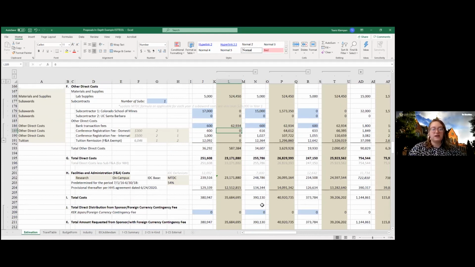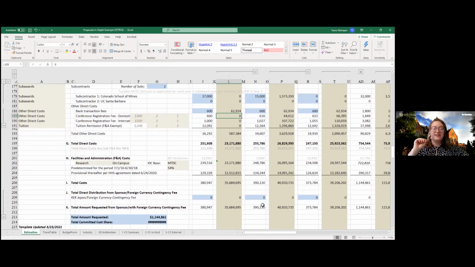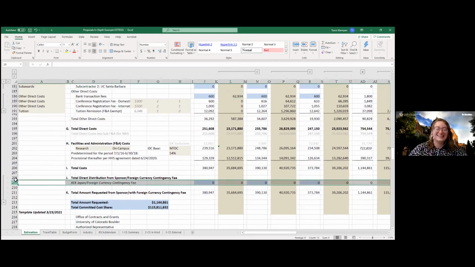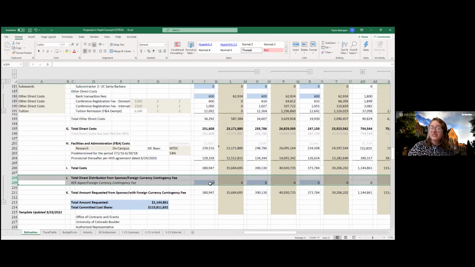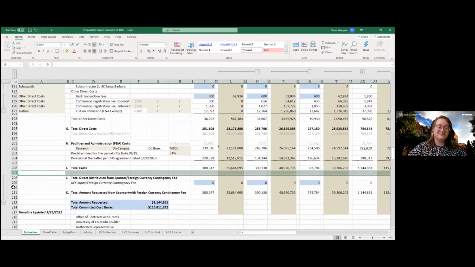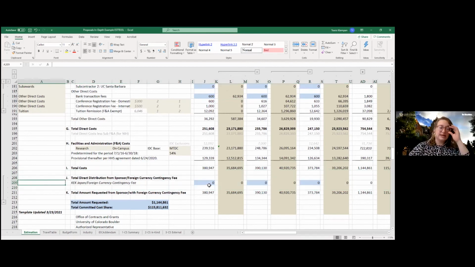And then we'll talk about the foreign currency contingency fee. So that line is something that you can choose to hide. I keep it hidden in all of my budgets that are not foreign currency, just for clarity's sake, so that no one asks, like, why is there a line for this? So most of the time this is hidden, but what we're going to do here is include that 15% on total project costs.